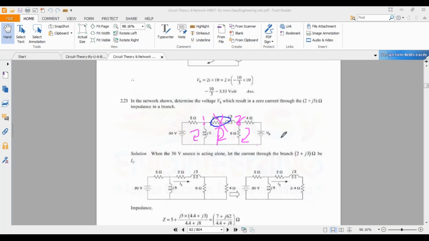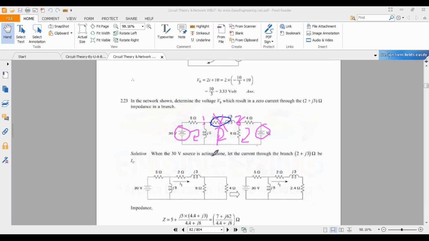What is the superposition theorem? If a circuit has more than one source, then the response due to all sources is equal to the sum of the responses due to each individual source. Okay, we'll try to solve the circuit with the help of the superposition theorem.